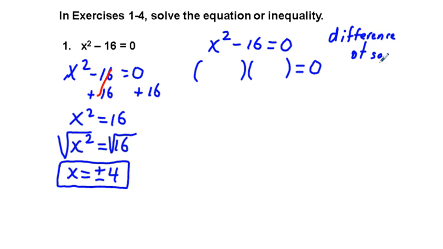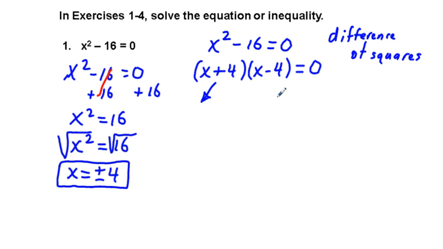Difference of squares. I hope you remember that from Algebra 2 or somewhere. So we take the square root of x squared, and that's going to be x and x, and we have plus minus. And then we take the square root of 16, well, the square root of 16 is 4, and we write 4 both places. Now we have the product of two linear binomials.